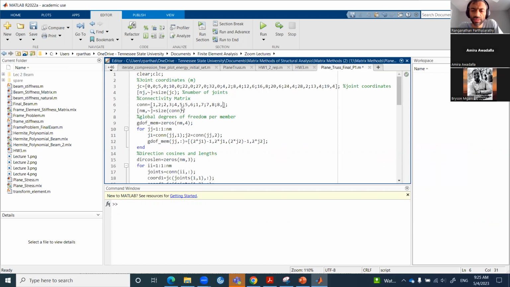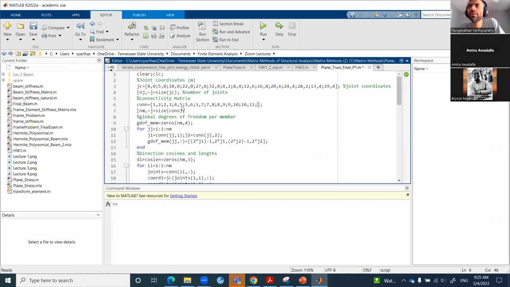Number 7, 8 and 9. Number 8, 9 and 10. Number 9 is connecting 10 and 11.